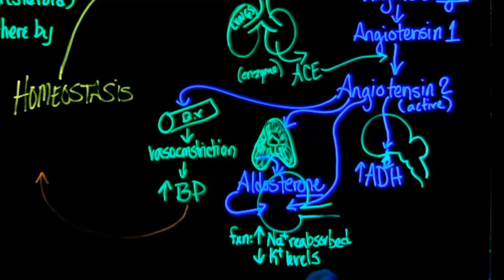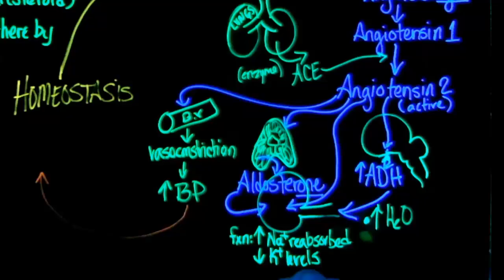So angiotensin 2 can tell the hypothalamus we need anti-diuretic hormone. And in a previous video, we looked at how anti-diuretic hormone can also influence the kidney. And the effect of the antidiuretic hormone is to increase water reabsorption. And this is done by upregulation of water channels known as aquaporins.